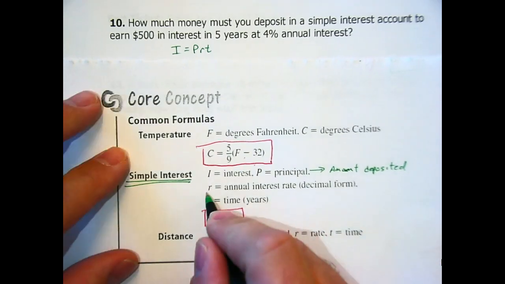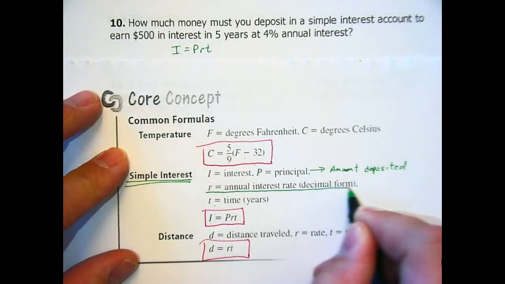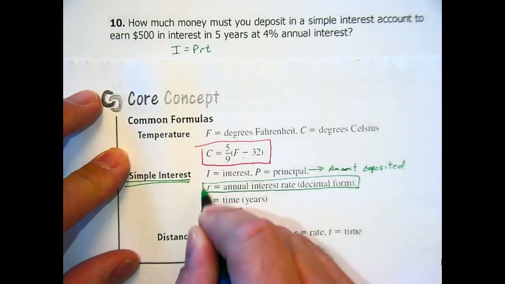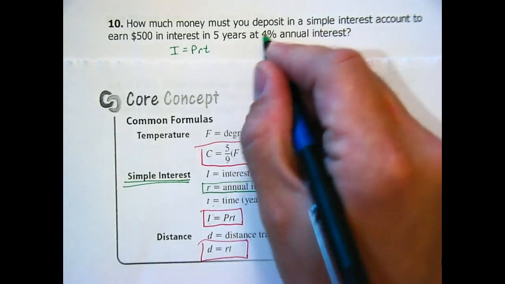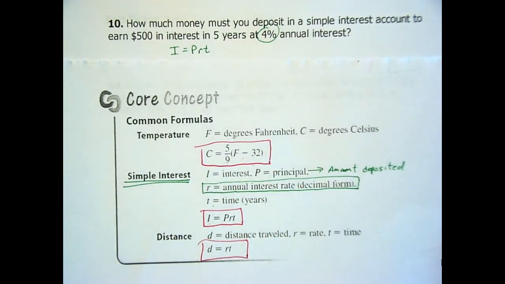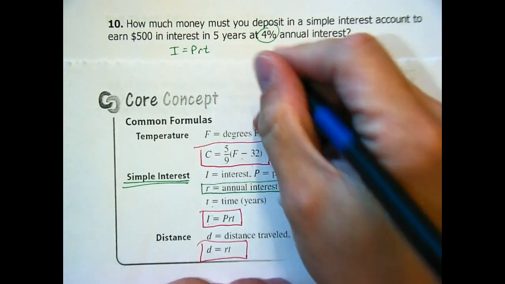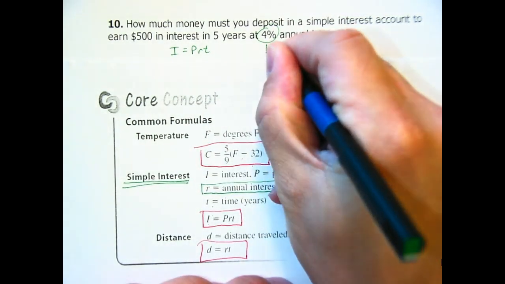All right? Your rate. Please note, your rate is in decimal form. Okay? So this is 4%. Percent means what? Yeah, percent means per 100.